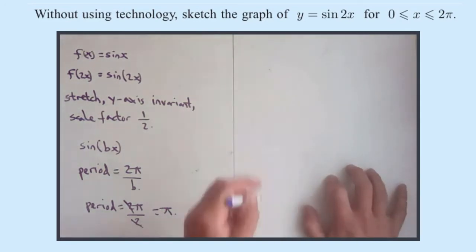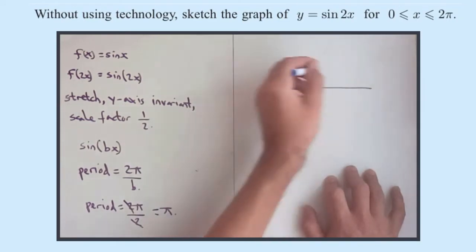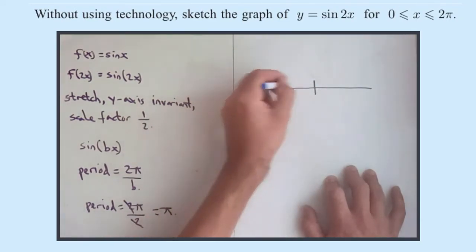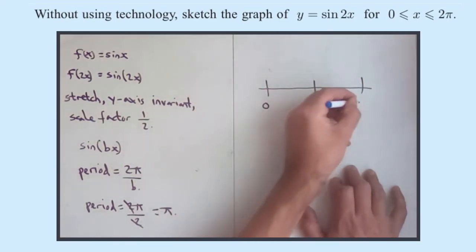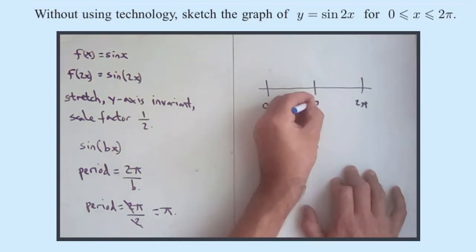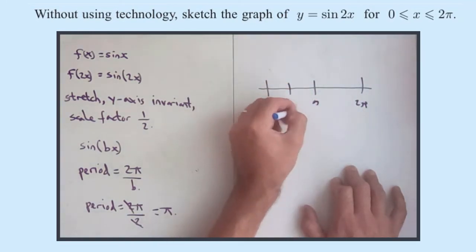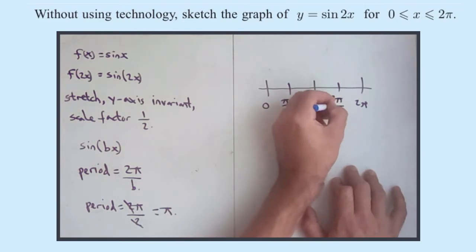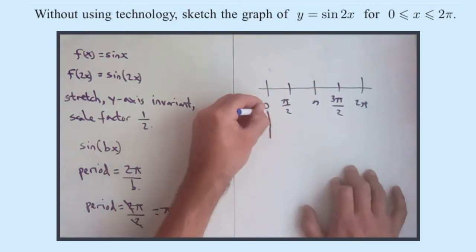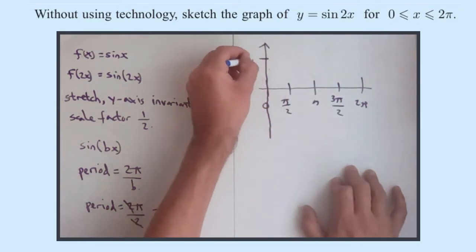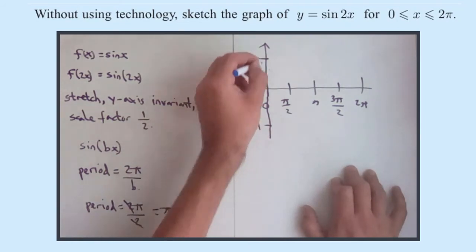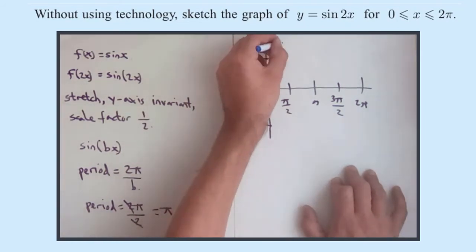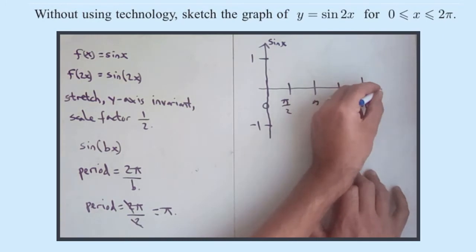So if I just draw sine x, remember, sine x goes from 0 to pi, pi by 2, 3 pi by 2, up to 1, down to minus 1. This is sine x, and this is x.